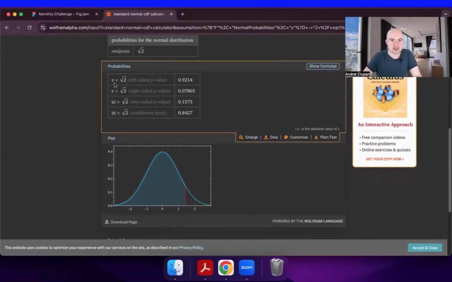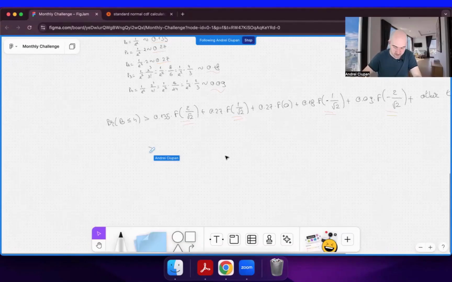We see here that the probability of getting a value less than square root of 2, which is equal to 2 over square root of 2, is 0.92 plus some other stuff. Great. So this is at least 0.135 times 0.92. Okay, good.